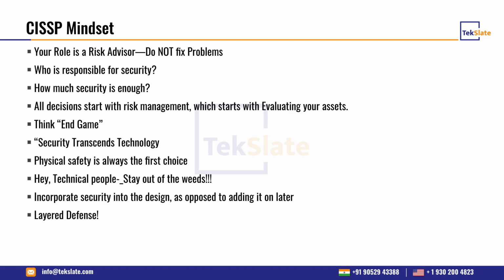So what we discussed: think like a manager, read like a lawyer, and understand like a technician, right? So we stay out of the weeds, meaning we should not be technical people. We should not read the question like a technician. We should think as an advisor, right?